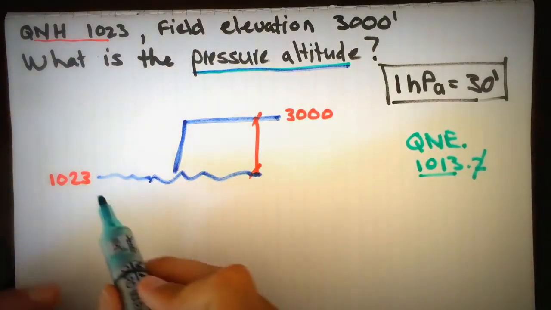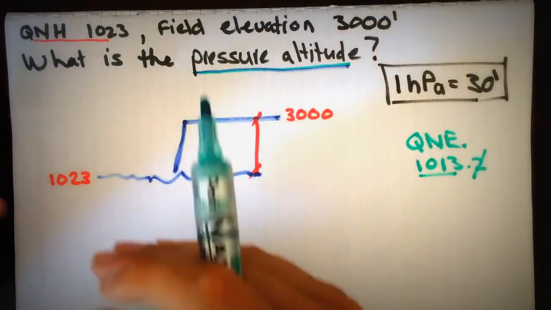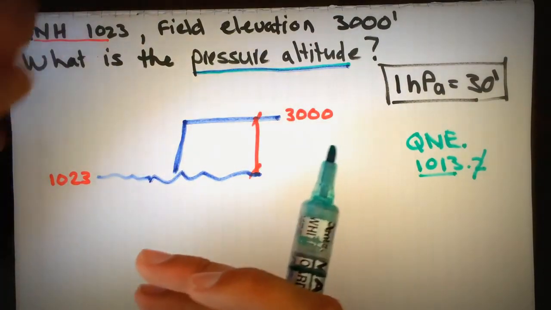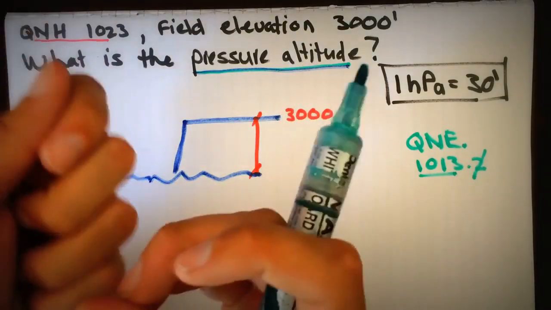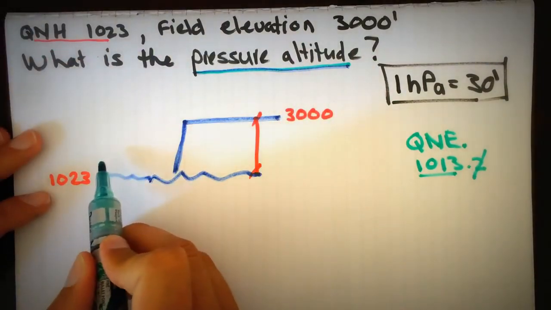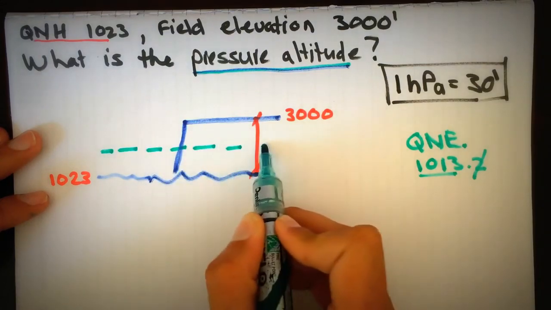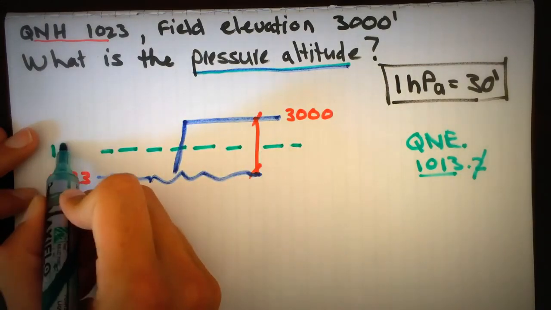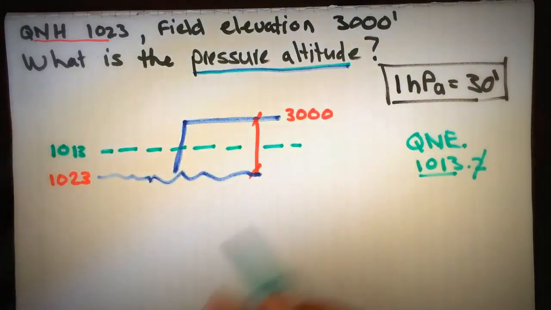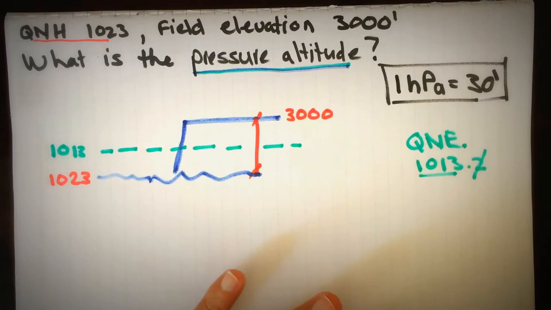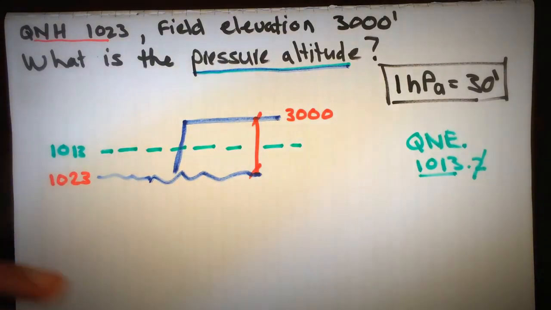If you remember, the higher you go, the less air there is above you, which means, because air has mass, there's going to be a lower pressure exerted. So 1013 is going to sit above here. 1013. Now remember, this is very exaggerated to try and show you guys the point. So obviously this is a little bit out of proportion, but it's still going to help you solve the problem.